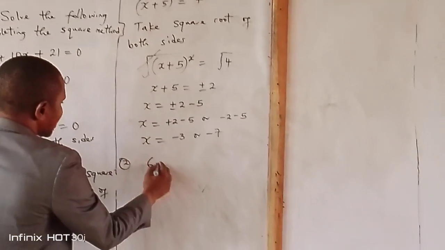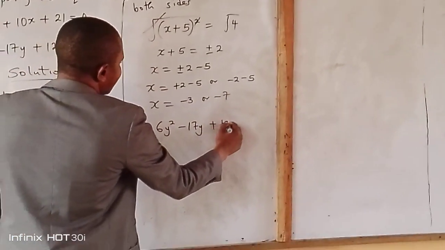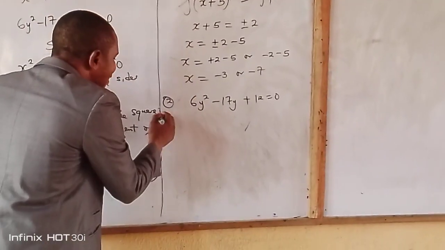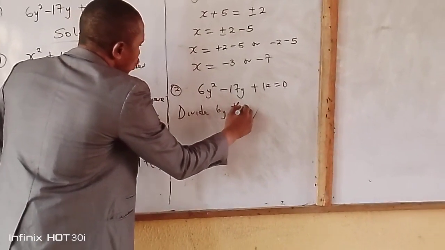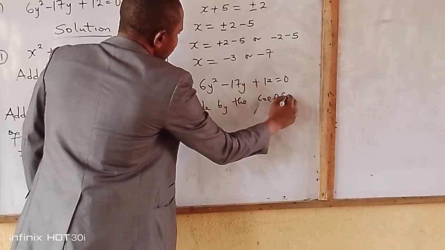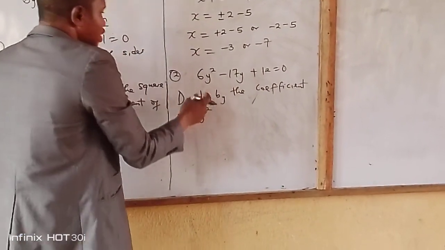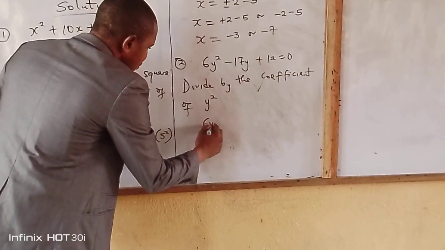Number 2, we have 6y squared minus 17y plus 12 is equal to 0. The first step to take is to divide by the coefficient of y squared. The coefficient of y squared here is 6. So we are going to divide the whole equation by 6.